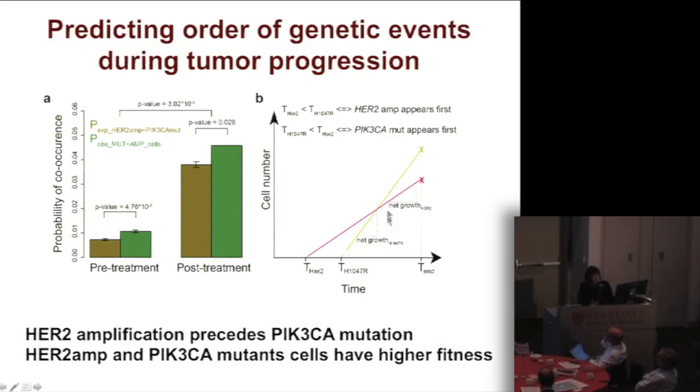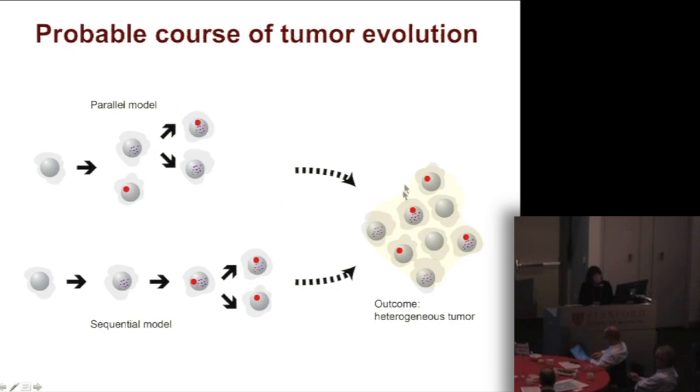And then also considering the timing, the frequency of the cells we saw in the tumor, and some measures of proliferation rates of the different cell populations, we could predict that HER2 amplification is preceding the PI3 kinase mutations.